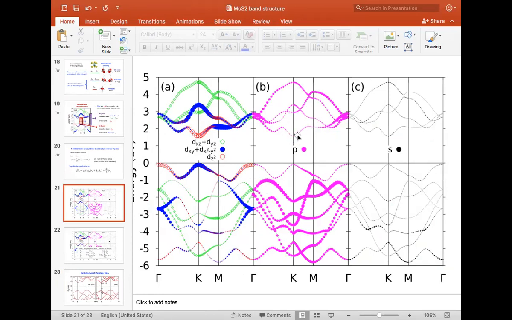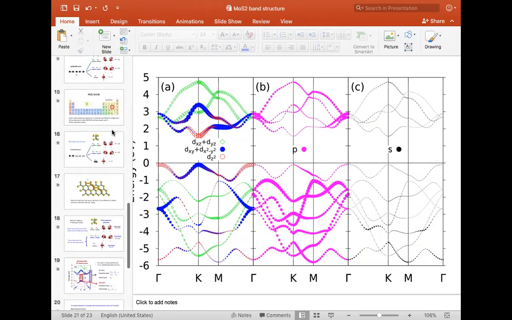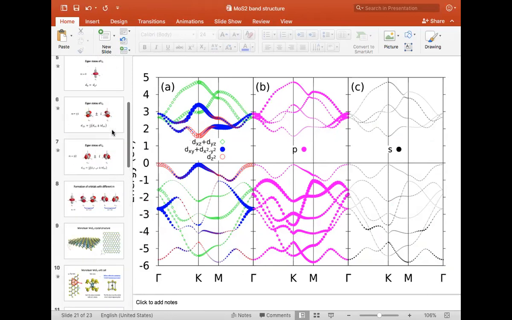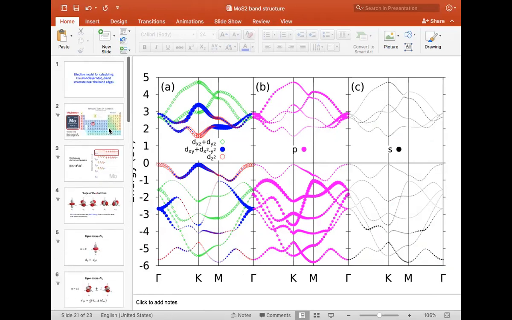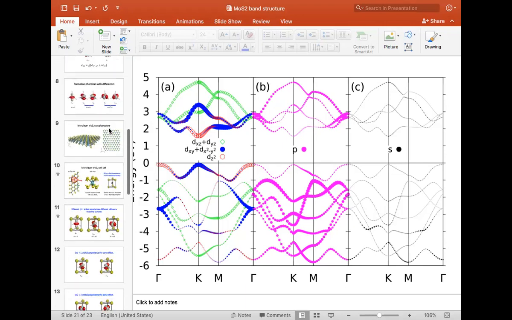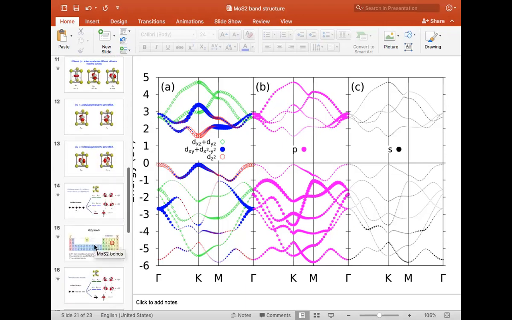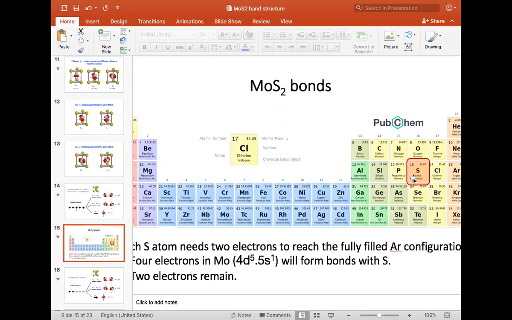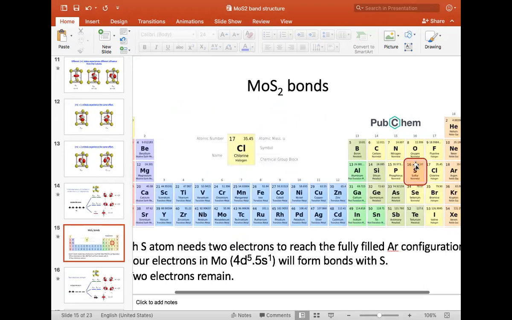Okay, so you look at the Se atom. Let's review a little bit. This is the S atom or Se atom. They all have the p orbit, and the number here is 16. This one for Mo is 42. So you know it increases like the power of 4, right?